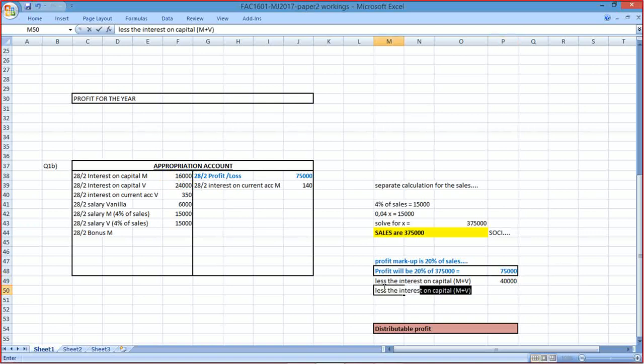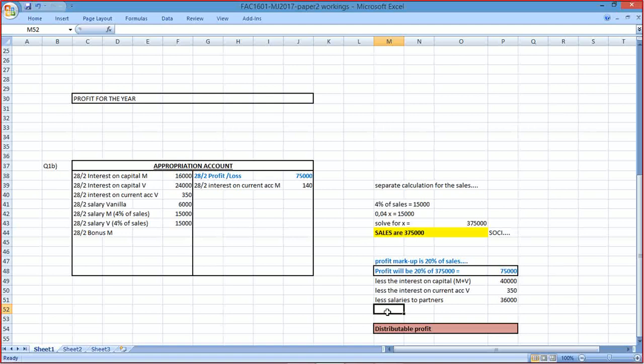What else? We also need to less the interest on current account V. That's the 350. Then we've got three salaries, so less salaries to partners, and the salaries to partners would be the 6,000 plus the 15 plus the 15.